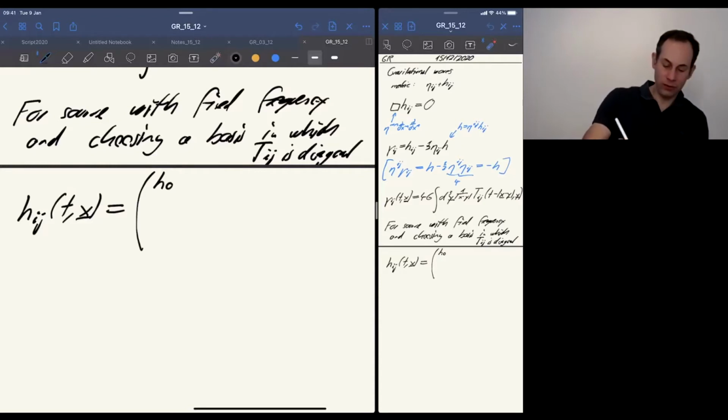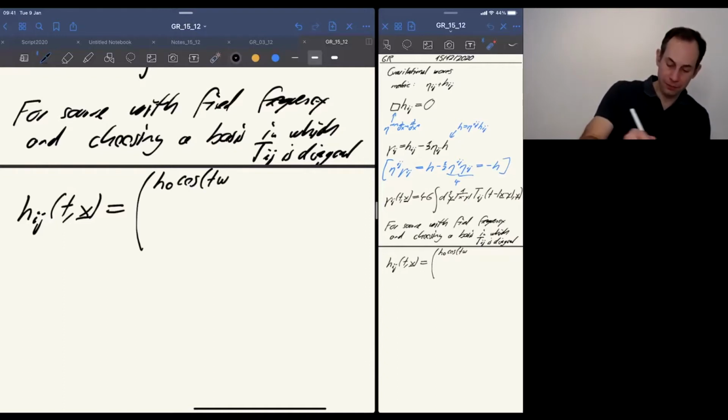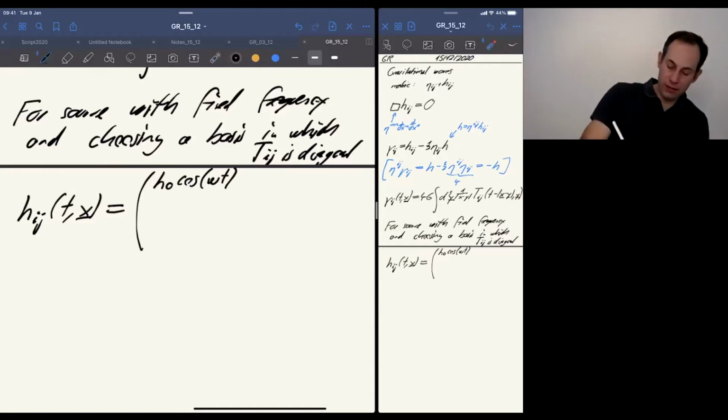Let's call the first term h0, that would be the amplitude, and then some periodic function. If it's something that turns uniformly, then I would have cos omega t, up to a phase, but let's just assume the phase here is 0. Then I would have another term h1.